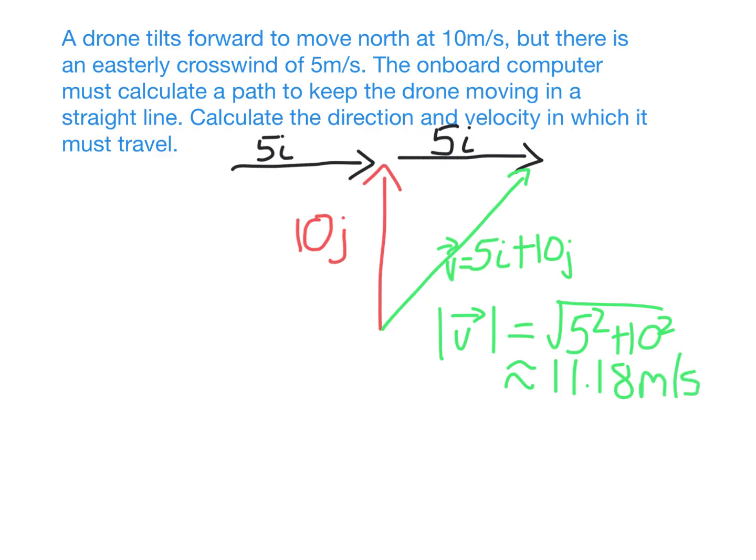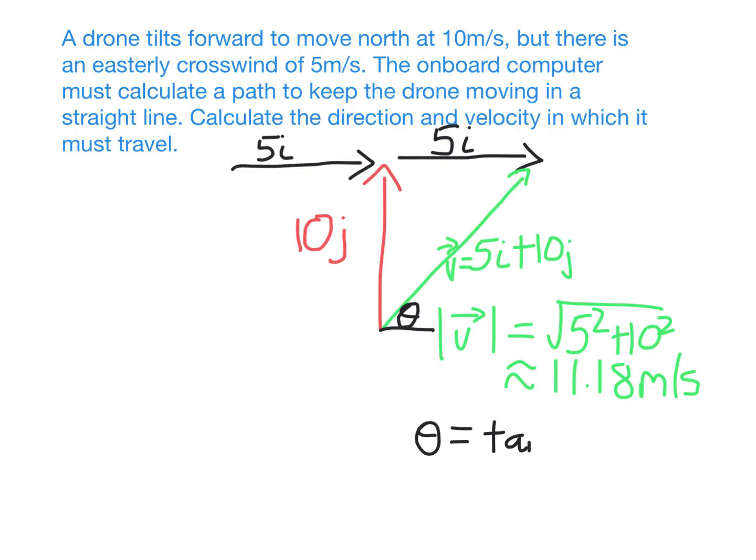But of course, we also need to change the direction in which the drone is traveling. If it aims in this direction, it ends up going over here. So let's calculate the direction of this vector v. Remember, it's always the angle made with the positive x-axis going in an anti-clockwise direction. We can easily calculate theta.